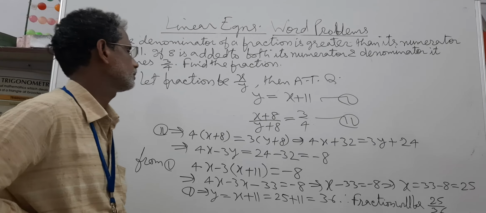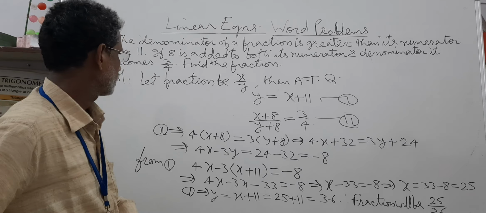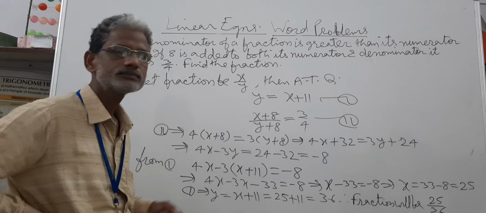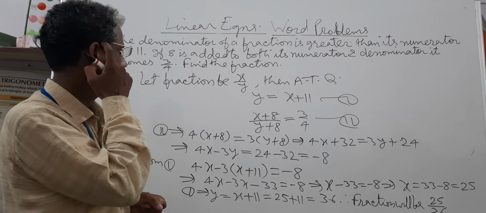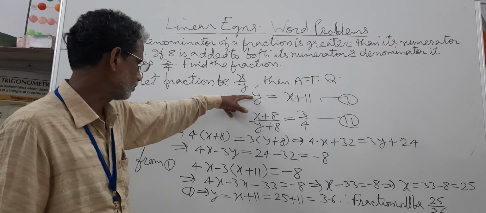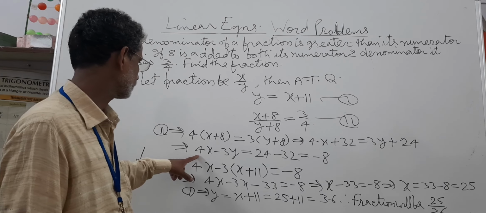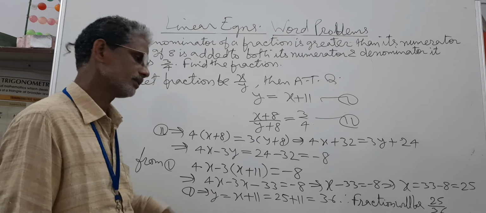Therefore, we have assumed that the fraction is x upon y. Then according to the question, this and this. Cross multiply equation 2, you will receive this. And put the value of y from equation 1 in this expression. You will get your answer.